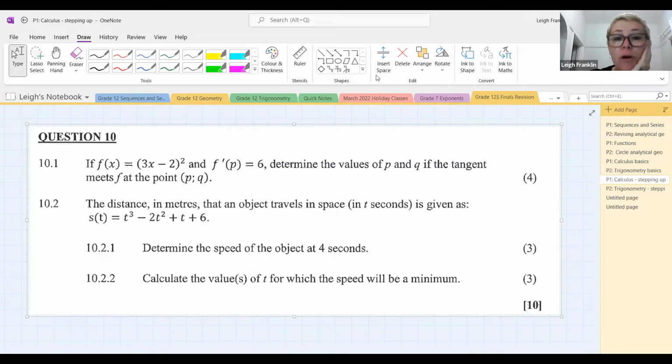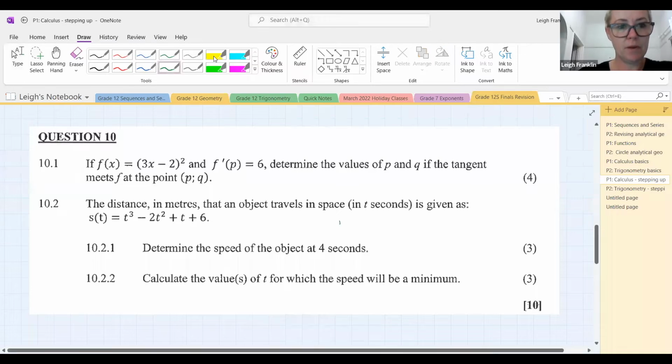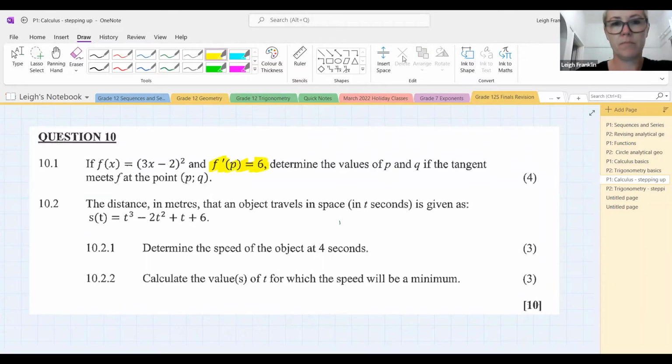It's a parabola, quite right. And what does f prime of p mean? This bit over here, f prime of p. What does that mean for us? How are p and x related to one another?